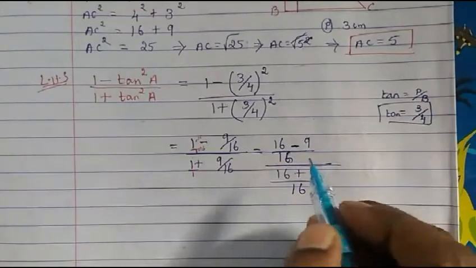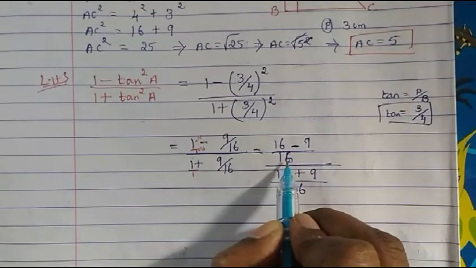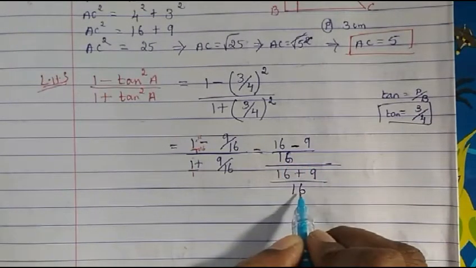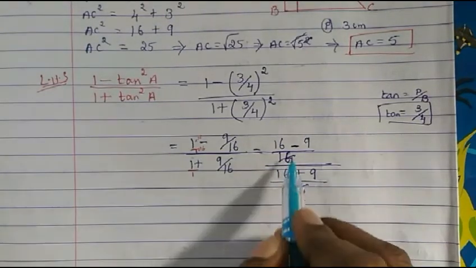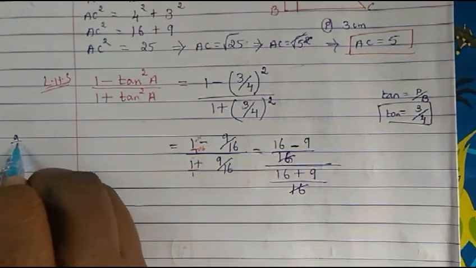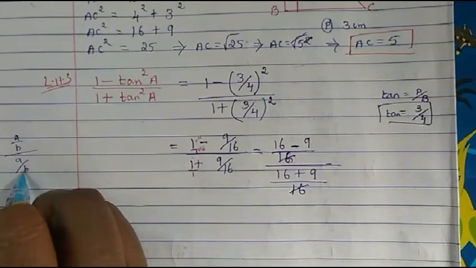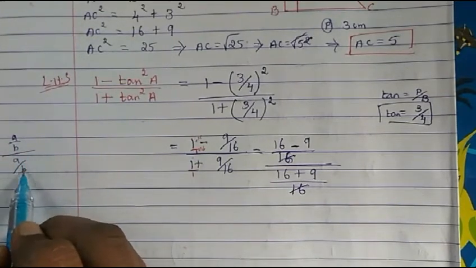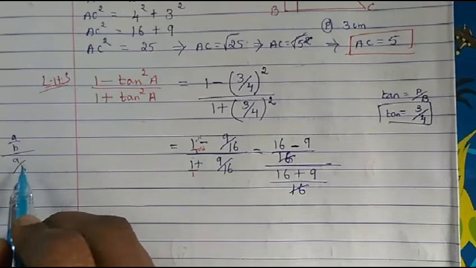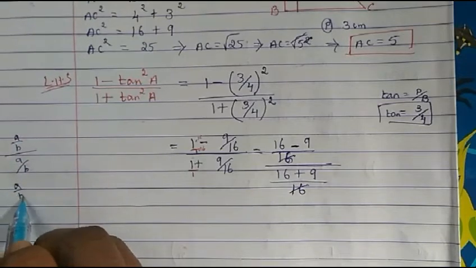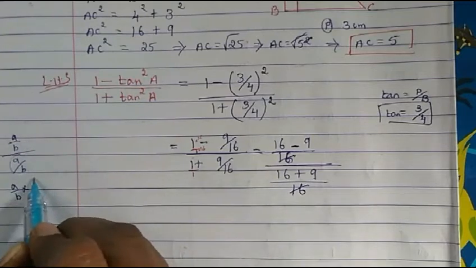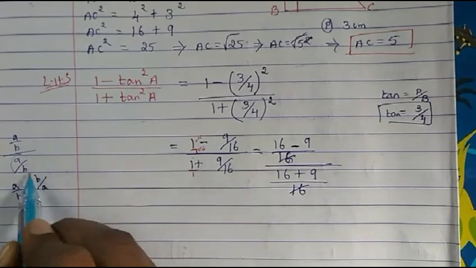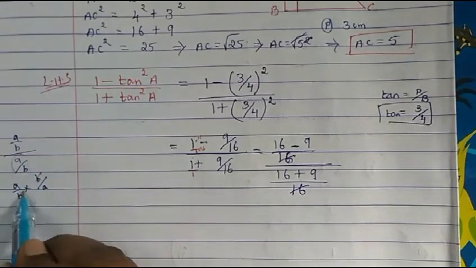Now in the denominator here also 16, here also 16, so both will cancel, because it is like A upon B, then A upon B. So both sides in the denominator we can cancel directly. Otherwise you can write it like this: when it comes to this side it becomes multiplication and then gets cancelled.